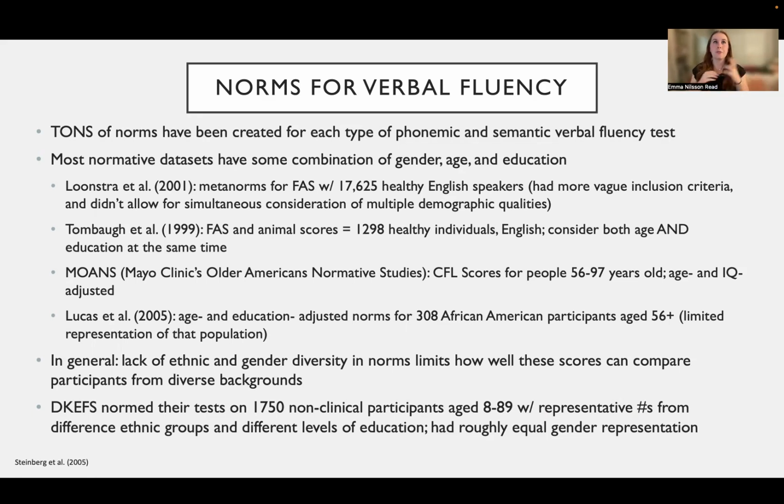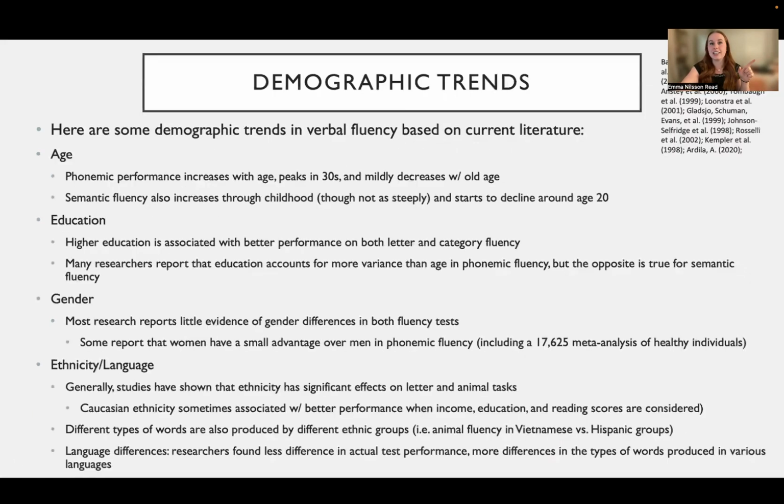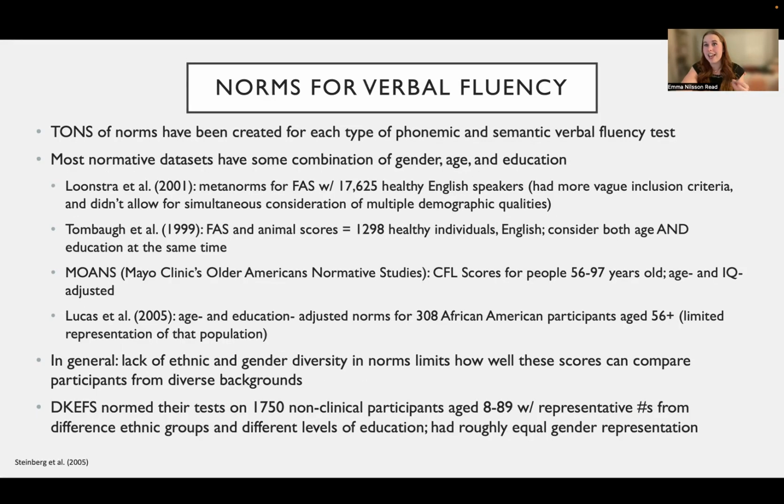So you can have normative data based on age or based on language or based on gender or based on ethnicity. And as we have just seen in the previous slide, demographic trends do affect verbal fluency. That's why it's so important to be using norms for your data so that you can have a common baseline from which to evaluate all of your participants. Otherwise, the data that you get in longitudinal studies and things like that, or even just when you're comparing groups of people, might not be correct.